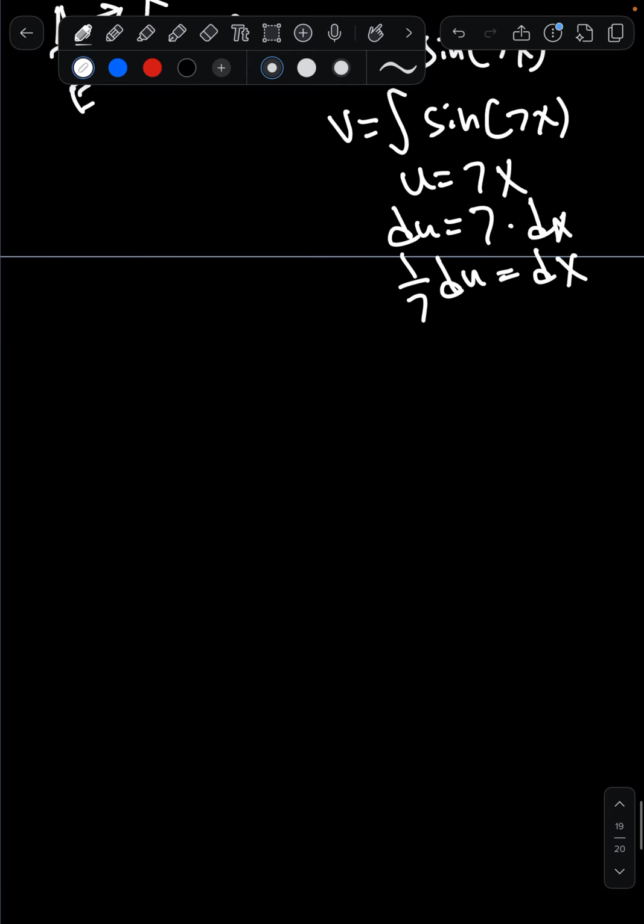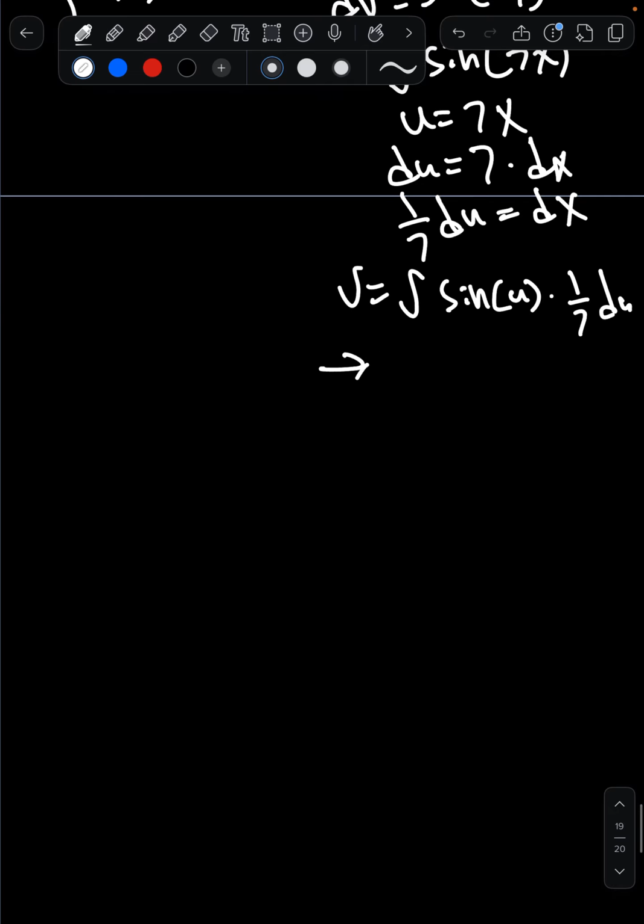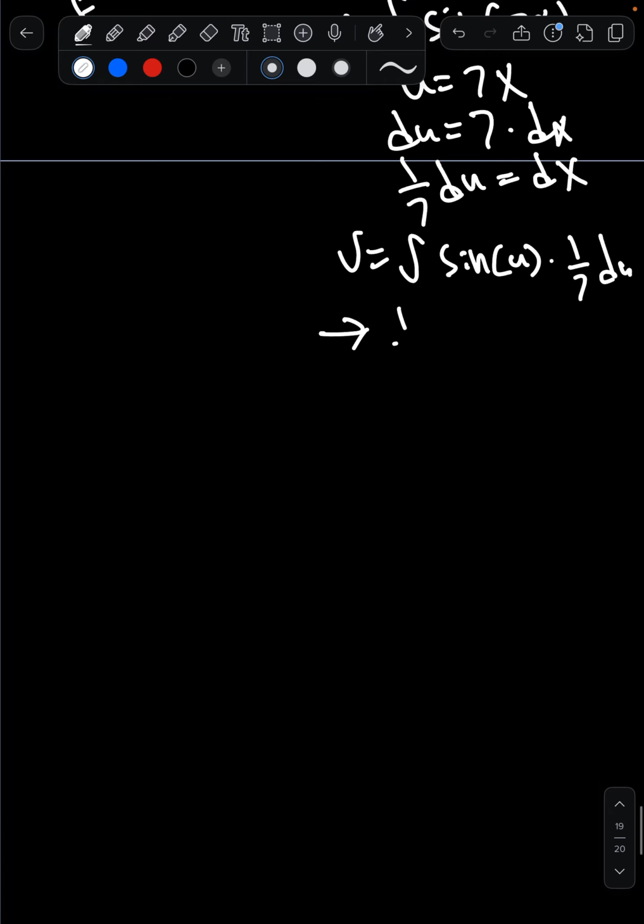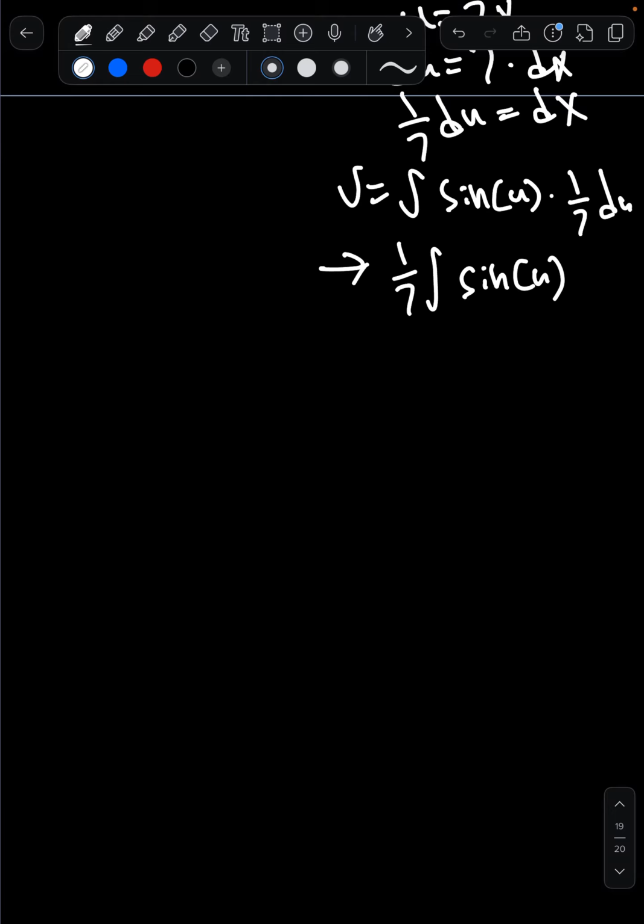Now I can substitute back in. We now have v equals the integral of sine of u times 1 over 7 du. We can take out the 1 over 7 and get the integral of sine u. Now we know that the integral of sine is negative cosine.